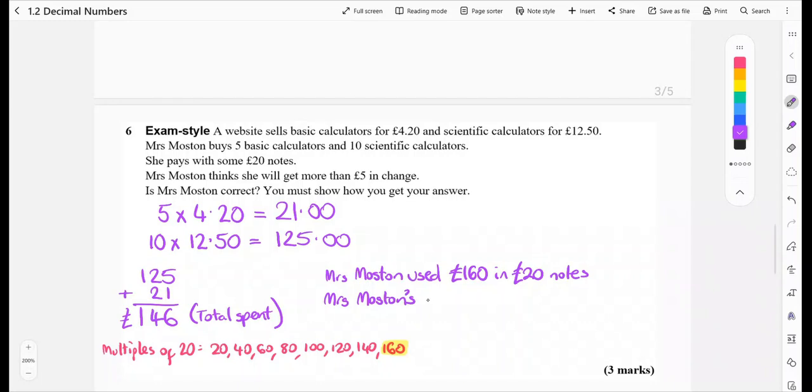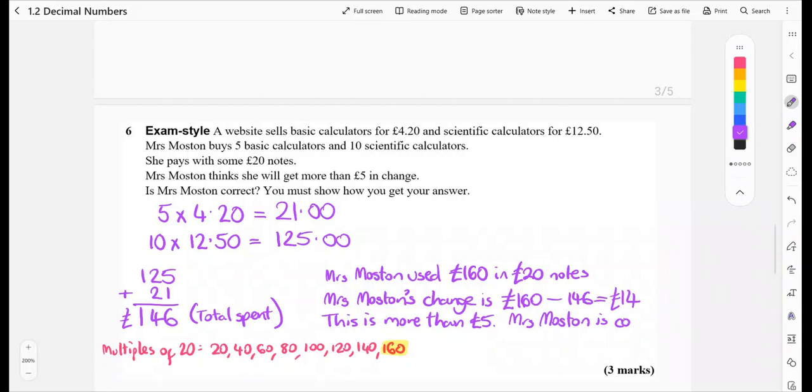We can now say Mrs. Mostyn's change, so if she spent £160 using £20 notes, and the calculators cost her £146, if I subtract that, I end up with £14 change. This is more than £5. Mrs. Mostyn is correct.